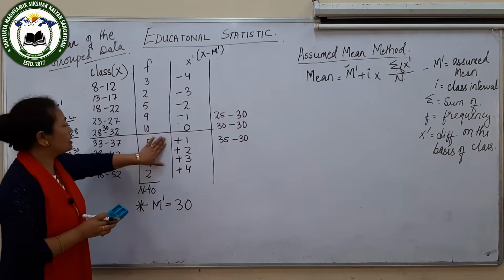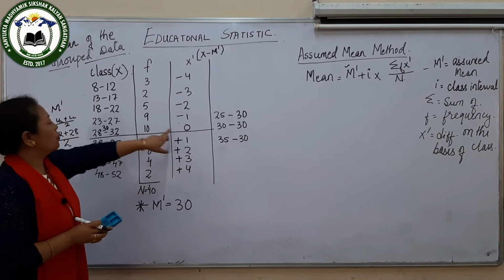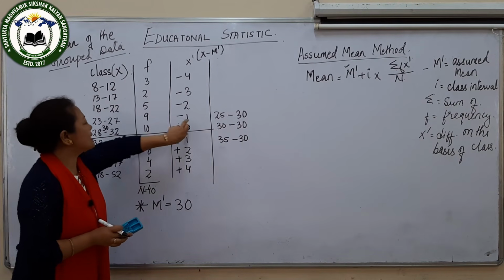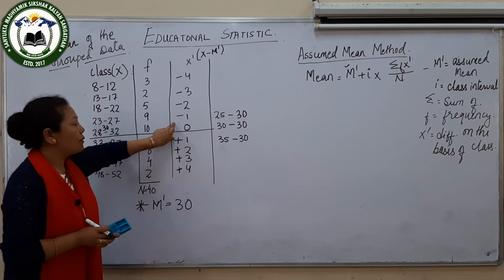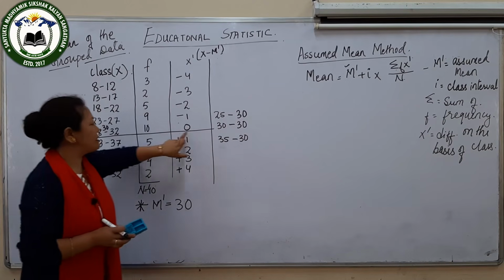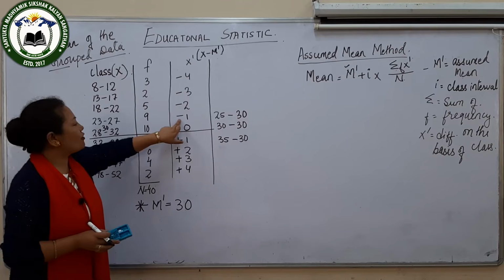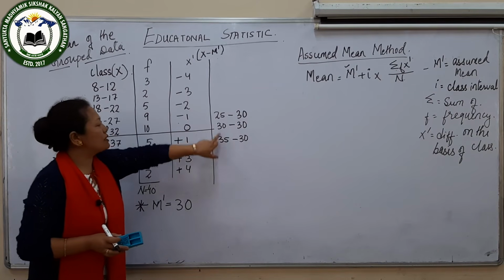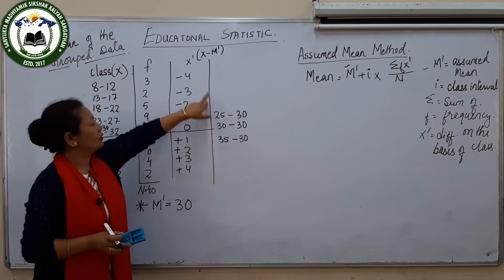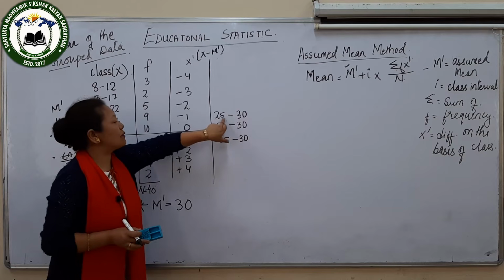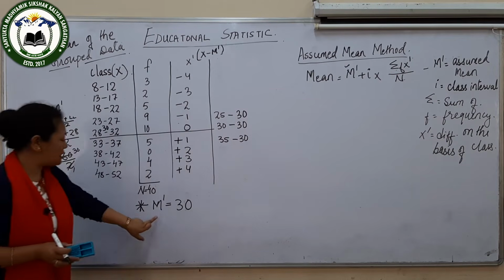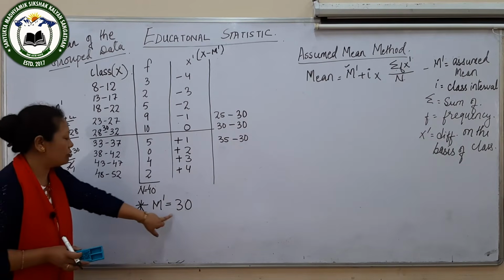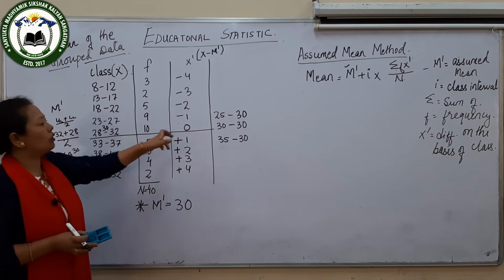This is very important. What we have done, we have taken this as x dash as 0 because 30 minus 30 is 0. Now, after that we found out the two midpoints, and we subtracted that midpoint with m dash, that is your assumed mean which you have taken from any score.